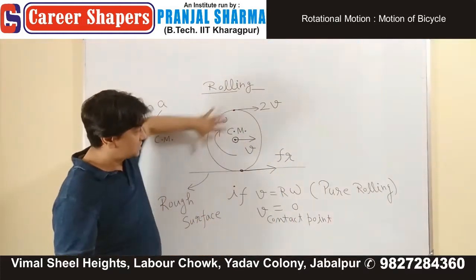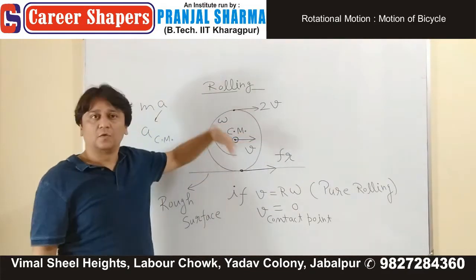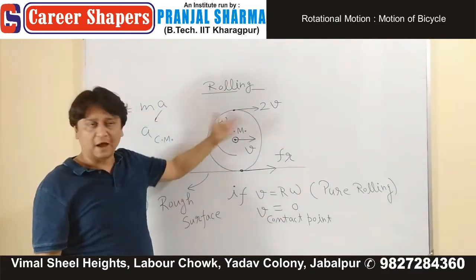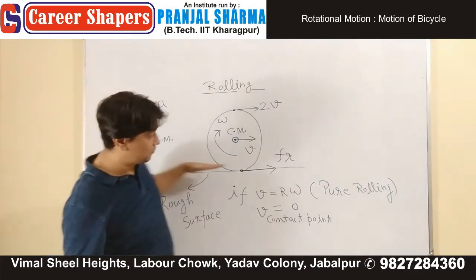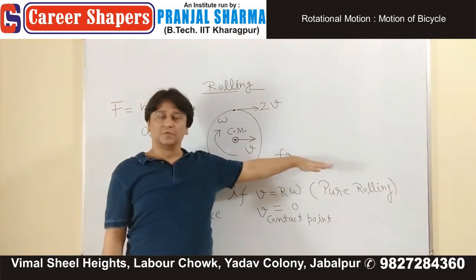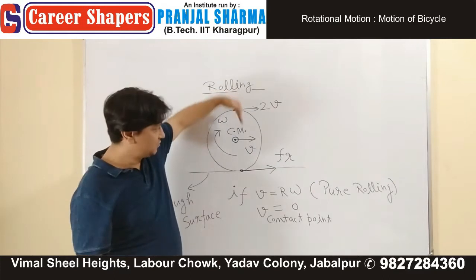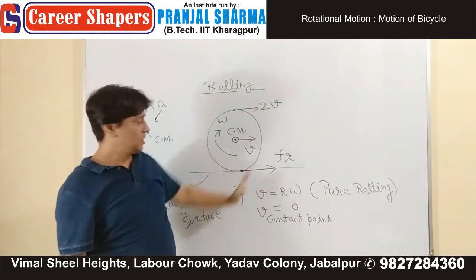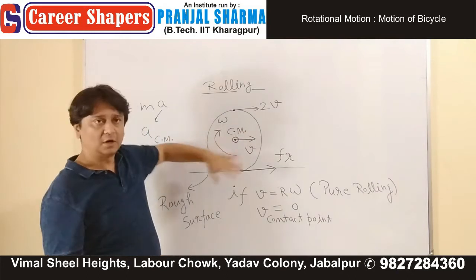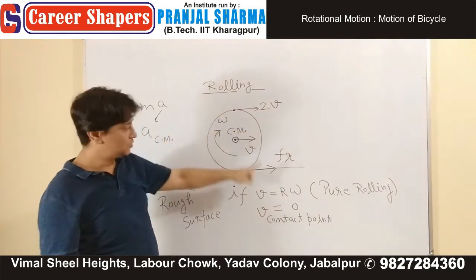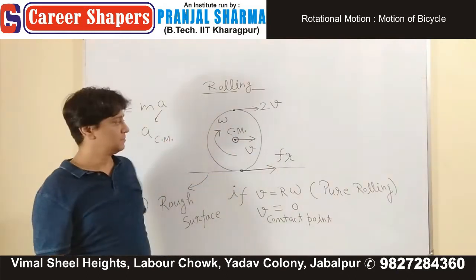So on this disc, wheel, sphere, or anything which can roll, you have a forward force. The other forces are what? mg, which is acting downward, and a normal reaction which is acting up. In the horizontal direction, you only have one force, which is the force of friction.